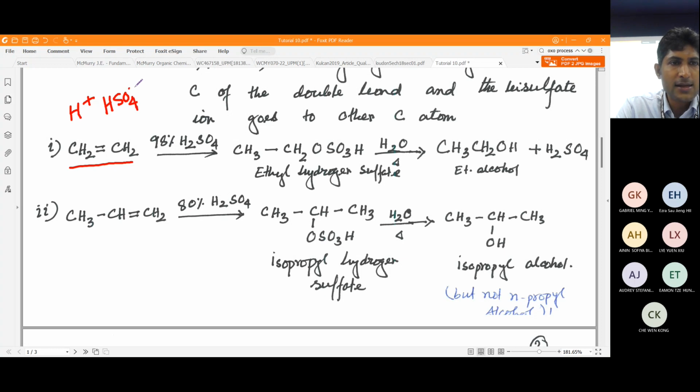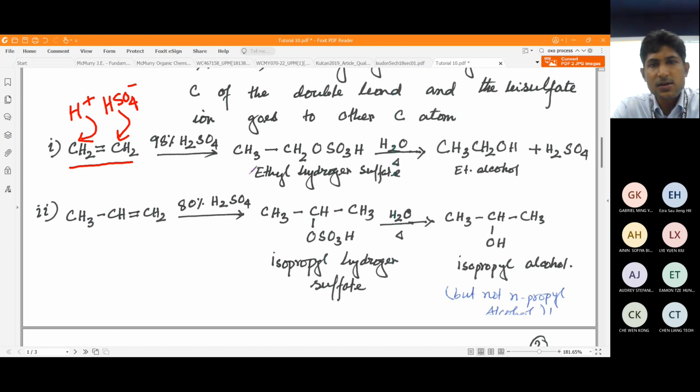These are the two ways that sulfuric acid is ionized or protonated in water. It's not that two hydrogens leave and you get a totally sulfate ion. It doesn't dissociate that way. So this hydrogen goes to one carbon and the bisulfate ion goes to the other carbon. It doesn't matter which carbon, it can go to either.